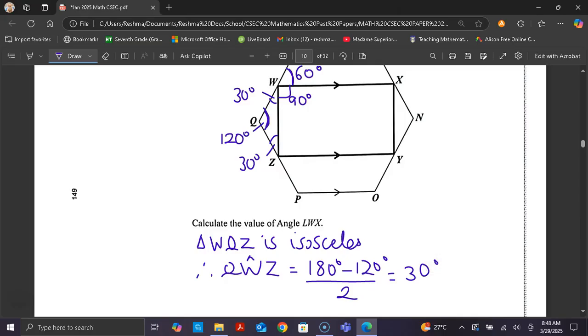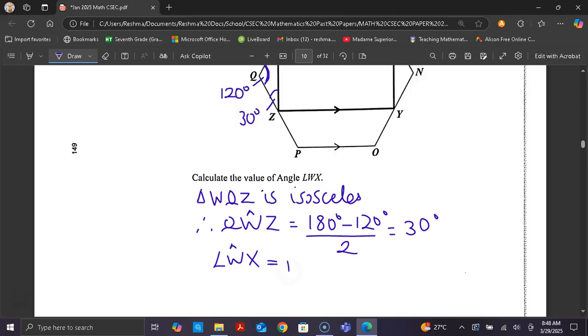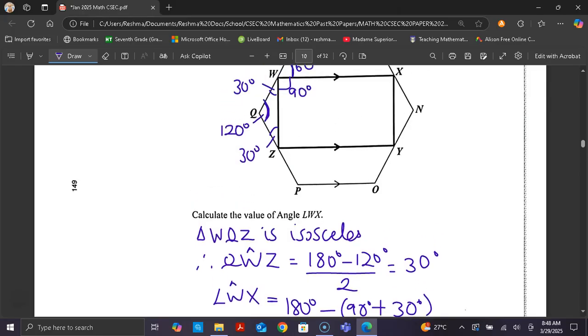And then finally, angle LWX will be equal to 180 take away 90 plus 30, which would therefore give 60 degrees.